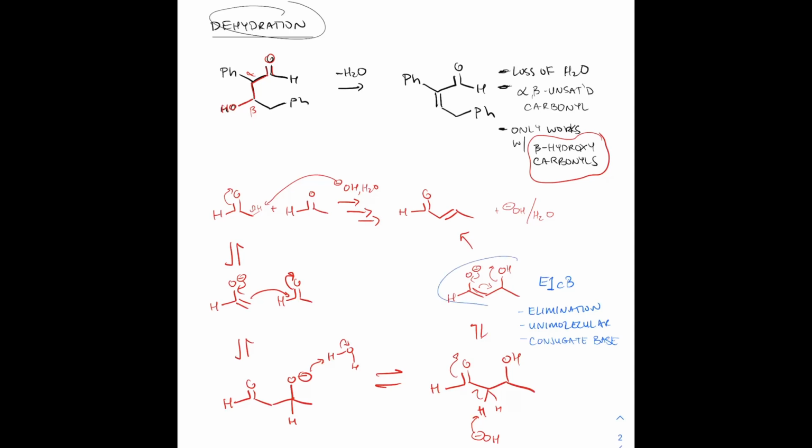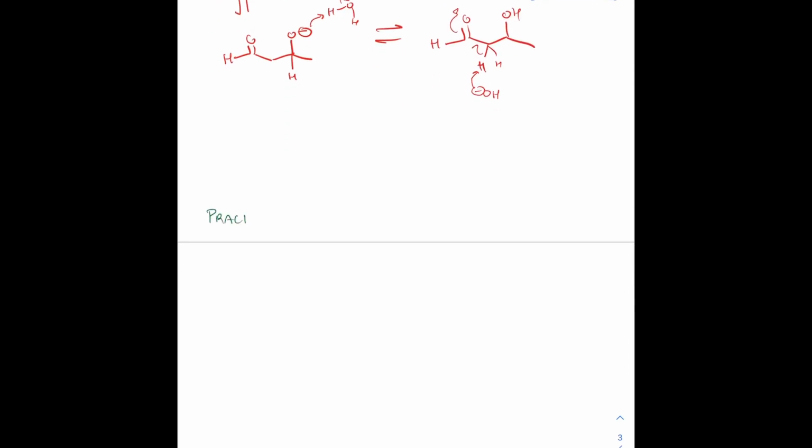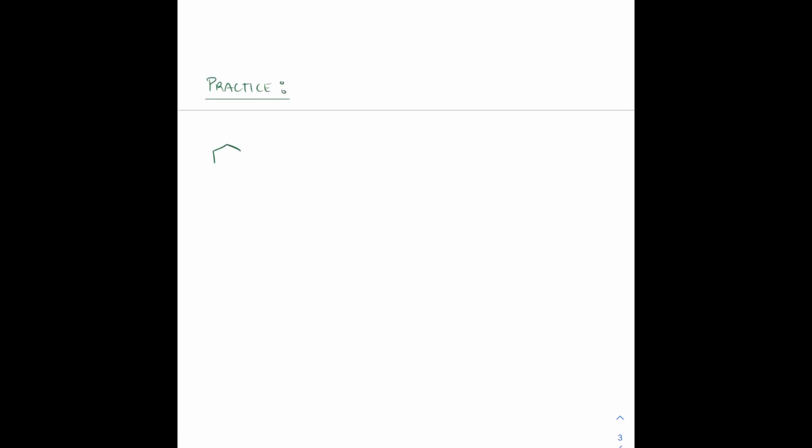Okay. All right, so now let's put some of this knowledge to work with a little bit of practice. So let's see what we've got here. Let's try and identify what the product will be with this particular substance in the presence of hydroxide and water.